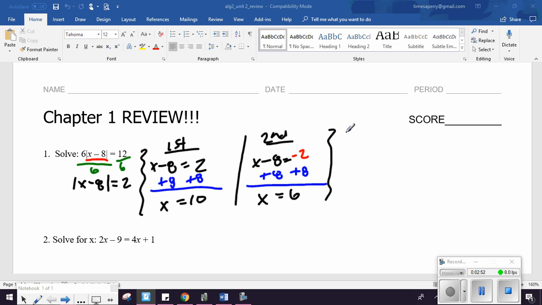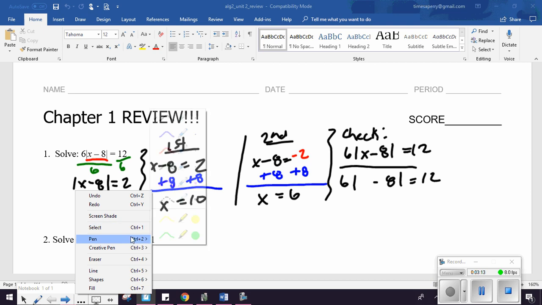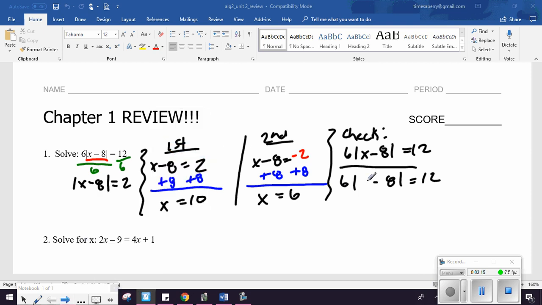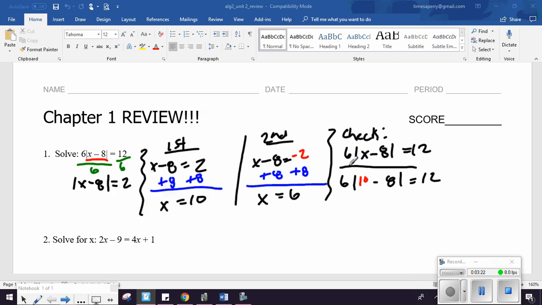So when you check the equation, you use the original. So 6 absolute value of x minus 8 equals 12. On our first check, I'm going to replace x with 10. Now I get the left-hand side of the equal sign simplified.